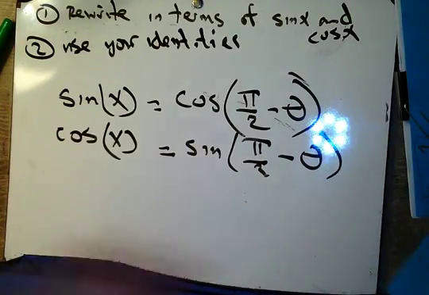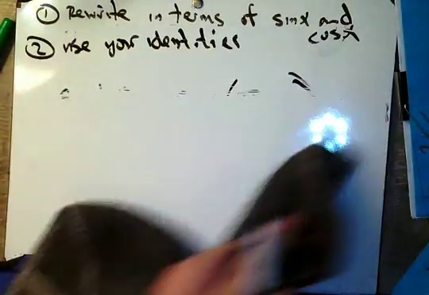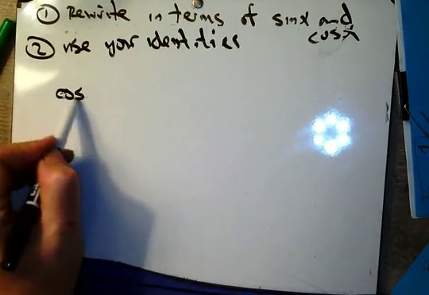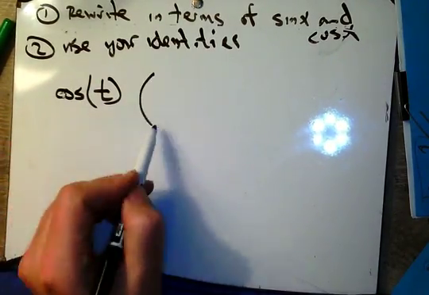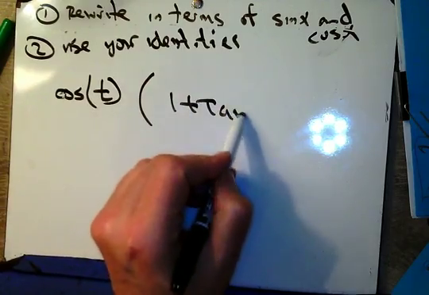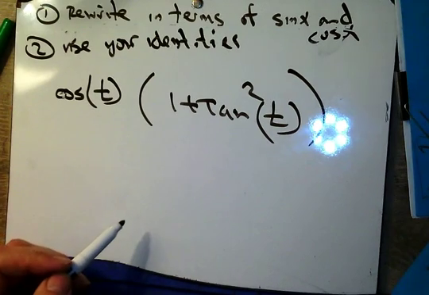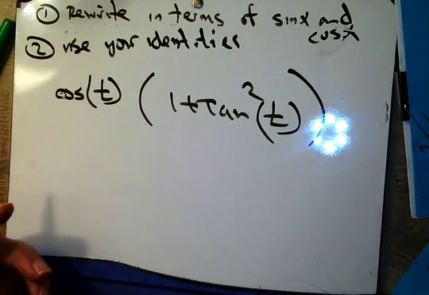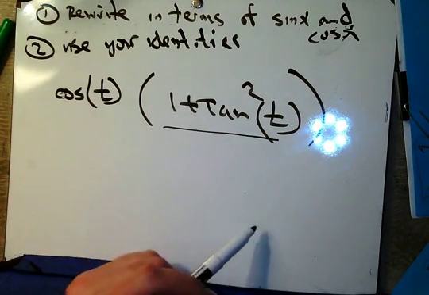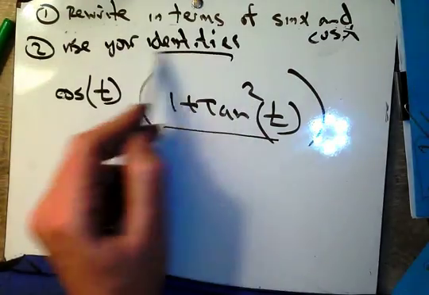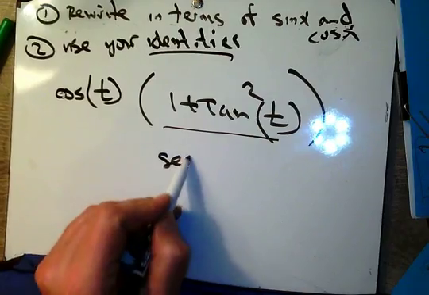Okay, next. How about this one? Cosine t times 1 plus tangent squared t. Okay, so there are two ways to do this problem. One is to recognize that 1 plus tangent squared is what? It's one of your identities. That's secant squared.